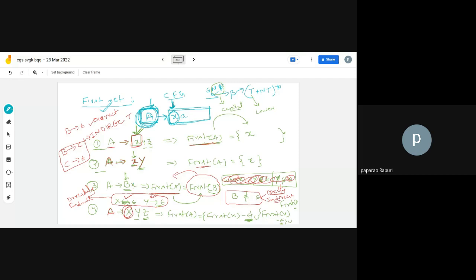S derives A B. Here it is a non-terminal, and here it is also a non-terminal. And this A is not producing epsilon directly or indirectly.